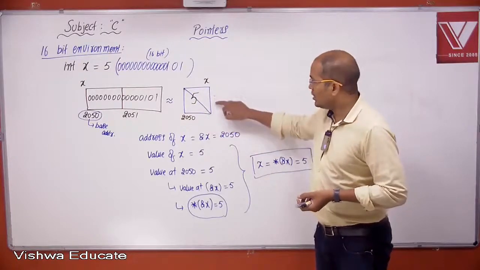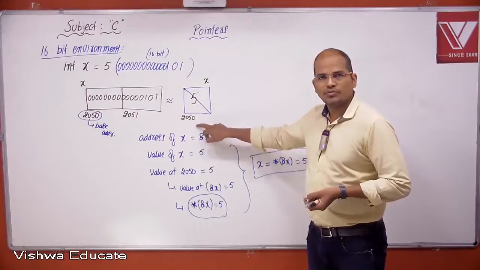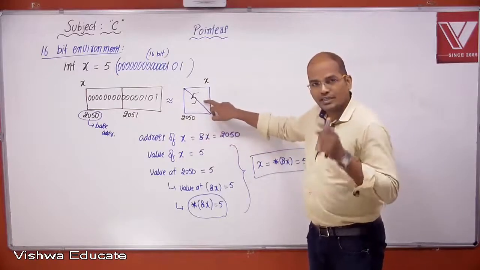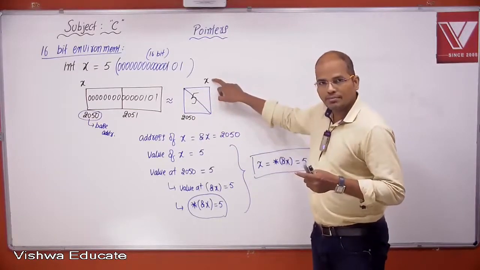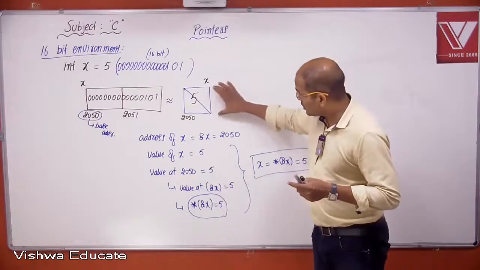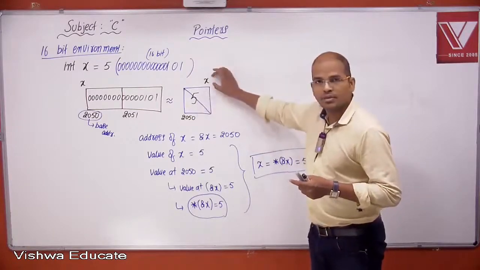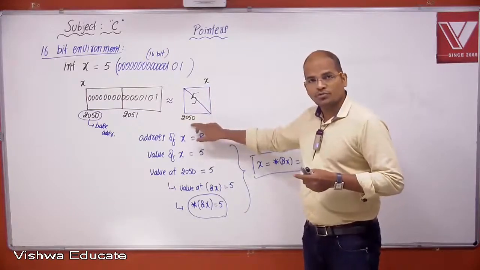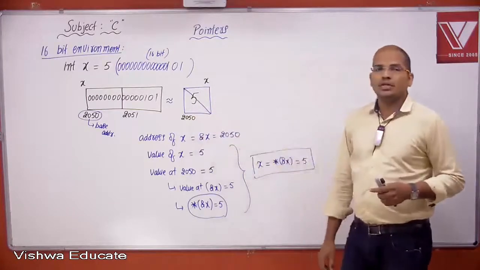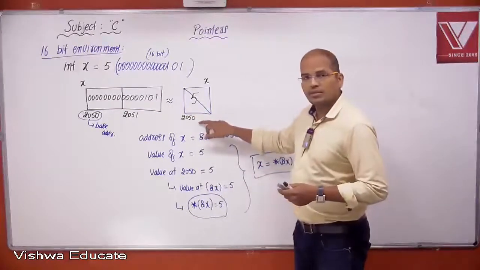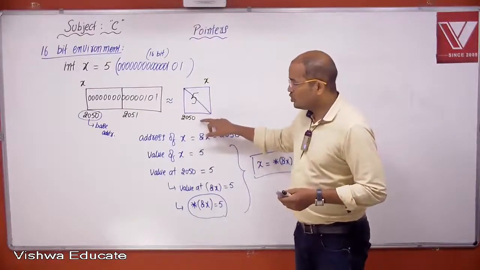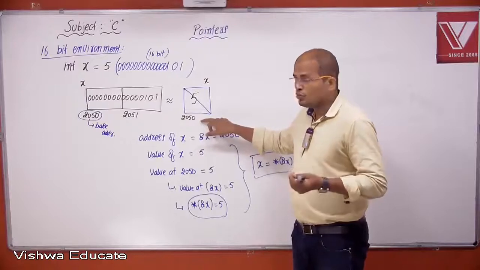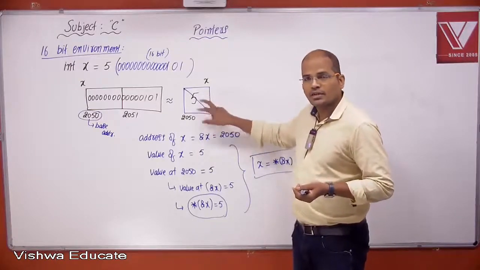Location name is x, location address is 2050. So 5 is accessed by name, what name? These 2 bytes location name, and the same 5 is accessed by 2050. So this is called addressing 2050 to get the value present at that.